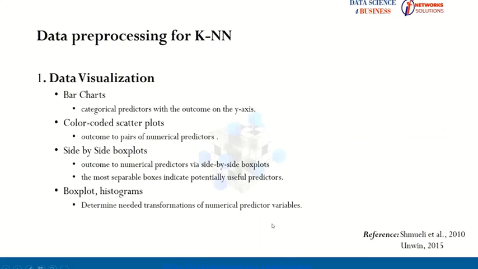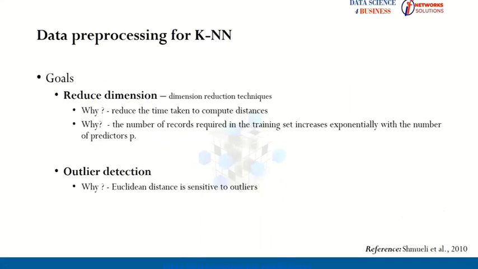So, back to data preprocessing for KNN. I said the goal is to reduce the dimension. We don't want too many dimensions, too many attributes, and at the same time we want the attributes to be the most important ones that we are going to be using. We also know that Euclidean distances are sensitive to outliers.